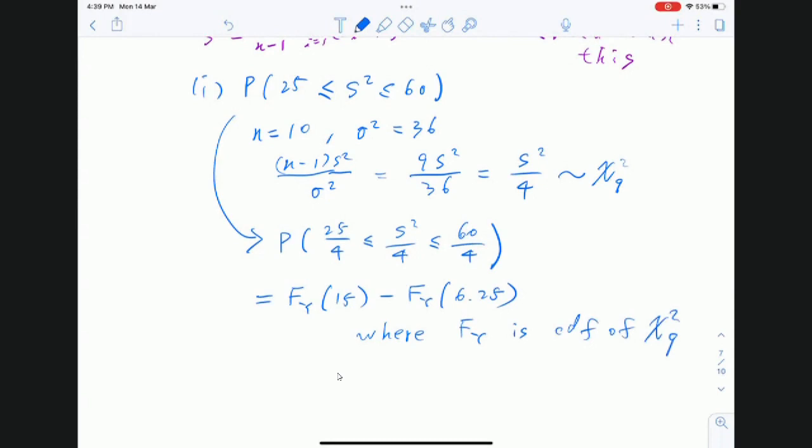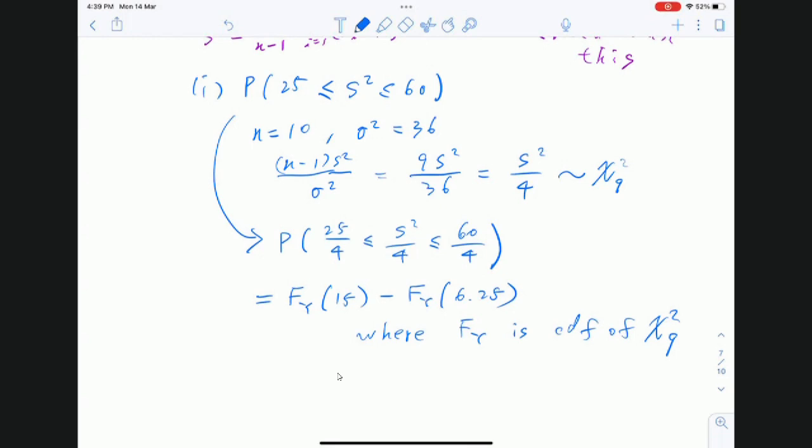Okay. So this is how we try to tackle this problem. The probability that we want to compute is a probability in terms of the sample variance. So you need to find out the distribution of the sample variance, or at least how to transform the sample variance so that we can have a nice distribution.